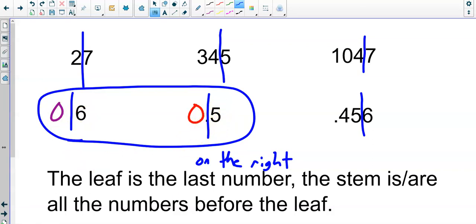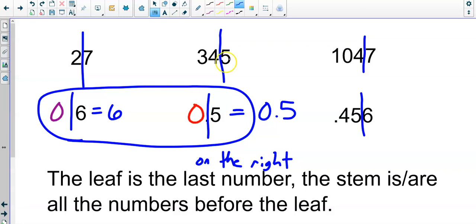You won't see that decimal there. The only way you can tell the difference between these two is by the key. So over here, the key would say that this is a value of 6. Over here, the key would say this is 0.5. That's how you know how your digit is read.